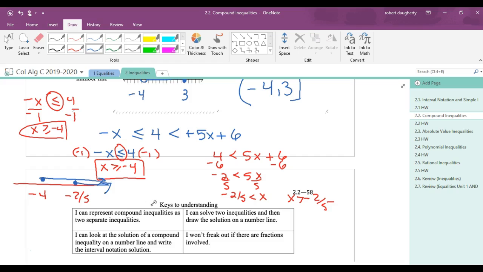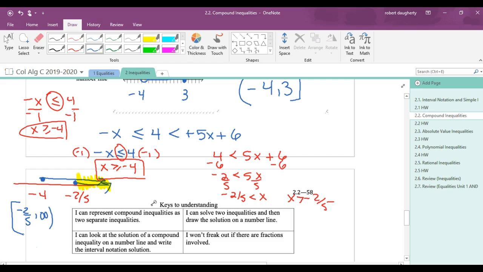Do these two lines overlap at all? Yeah. Okay. That's where both conditions are met. So in this one, the solution is going to be from -2/5 to infinity.